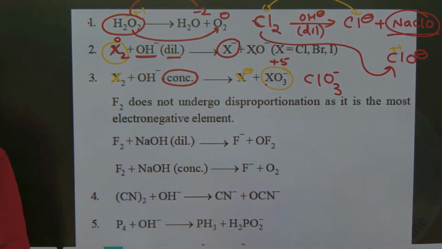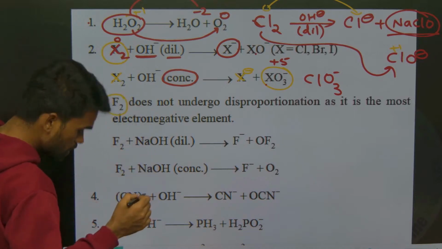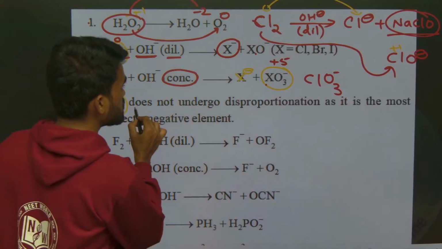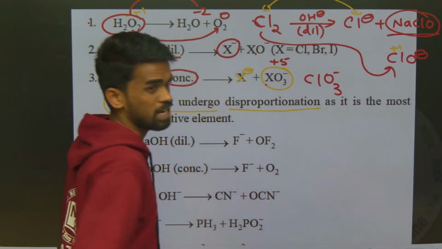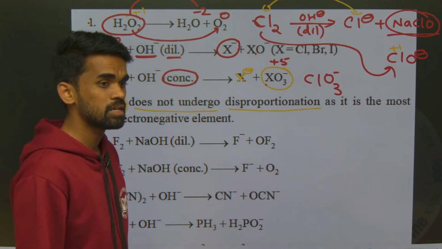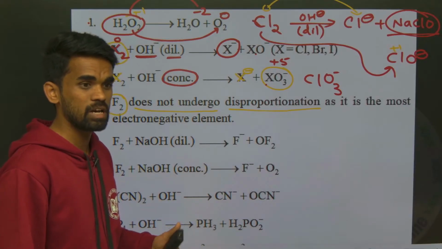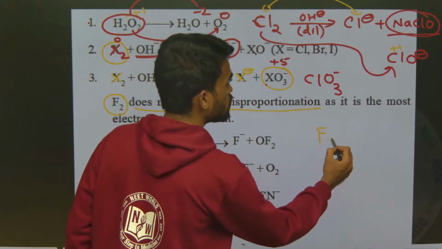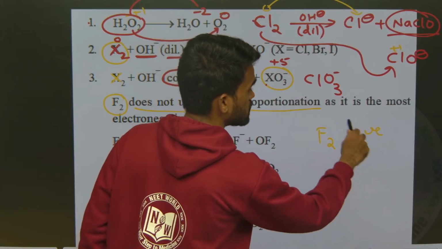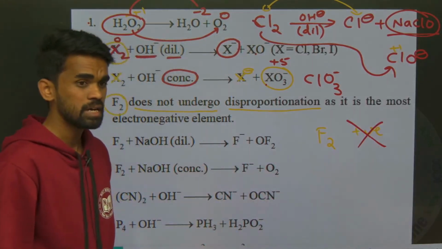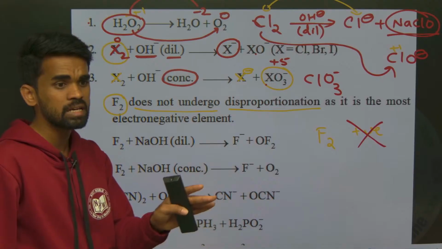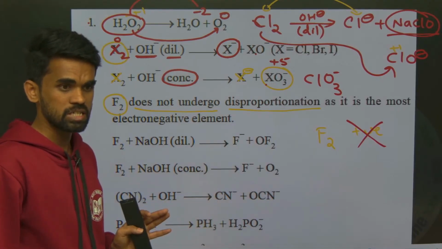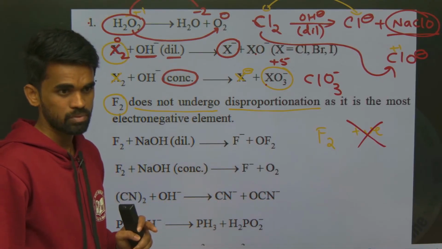Next, F2 does not undergo disproportionation reaction. Why won't it undergo disproportionation? Because it is the most electronegative element, so fluorine will not show positive oxidation states. It will always be either in 0 or in negative oxidation states like -1.